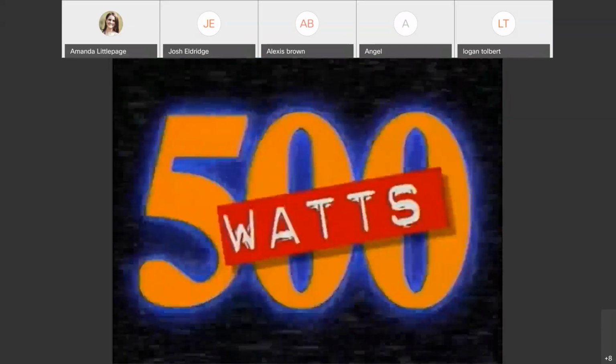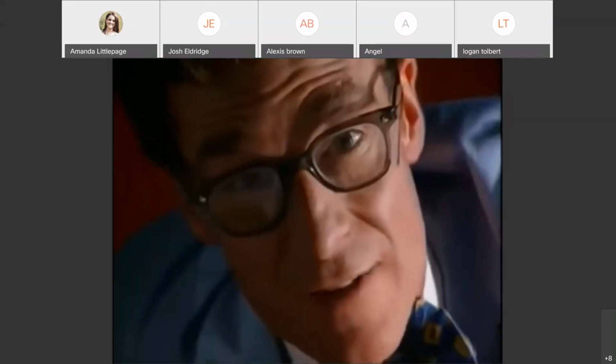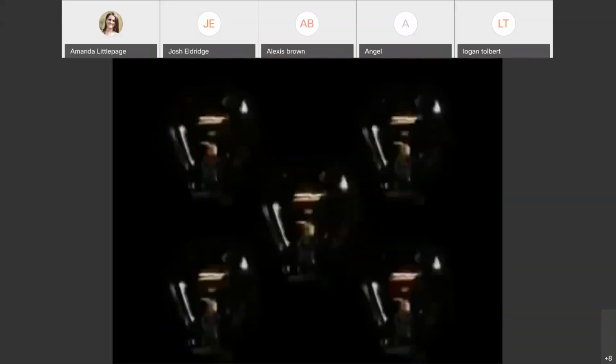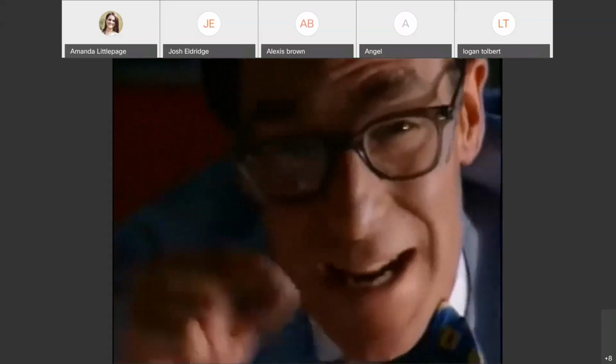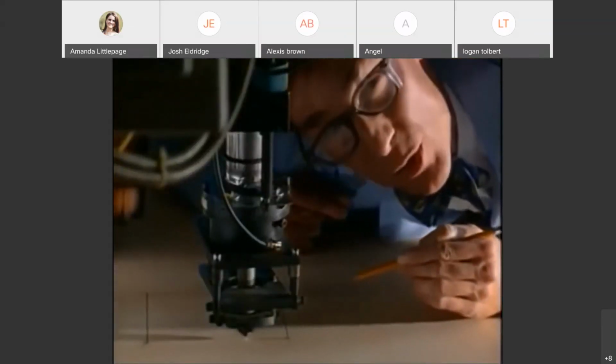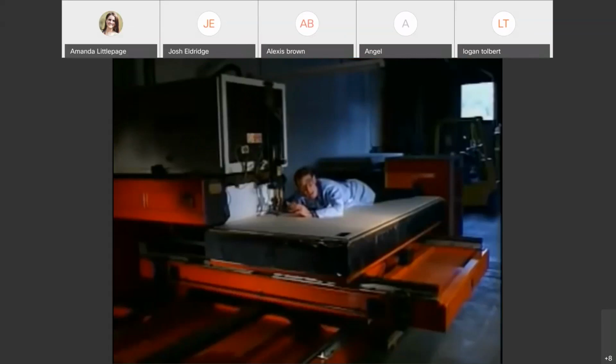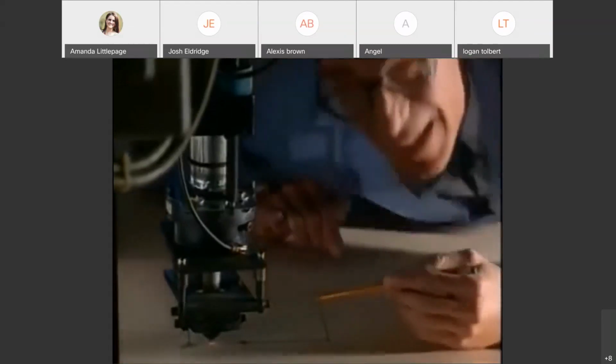Now this laser has only about 500 watts. That's only as much as 5 average everyday reading lights. But the energy is so concentrated, it's in such a tiny space that it's able to burn right through this plywood. It's energy being converted from one form to another and then making something happen. Isn't that cool? I mean, hot?